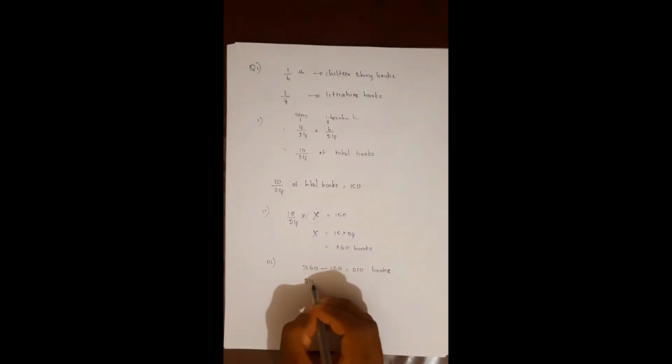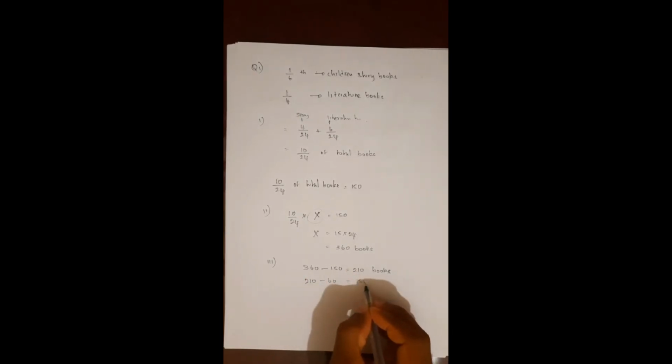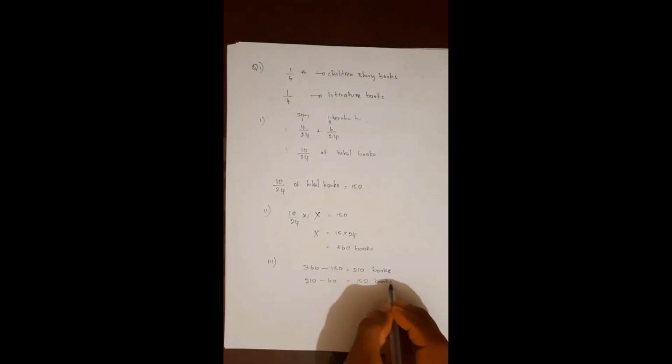So out of this 210, 60 books is given. So the remaining is 150 books. Now what is the part that is remaining in Ananda's bookstore? That is 150 books.